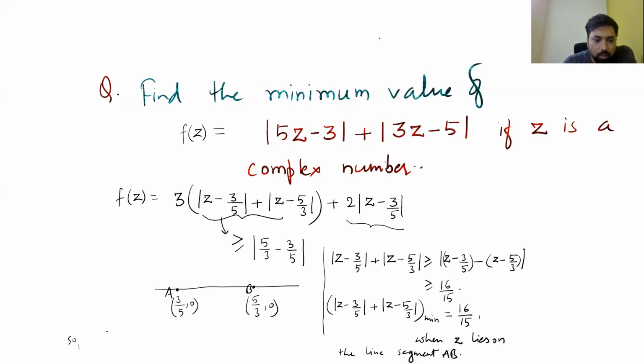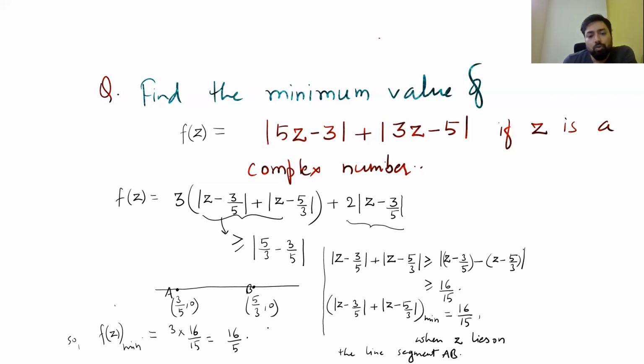So f of z's minimum value is equal to 3 times 16 by 15, which is 16 by 5.